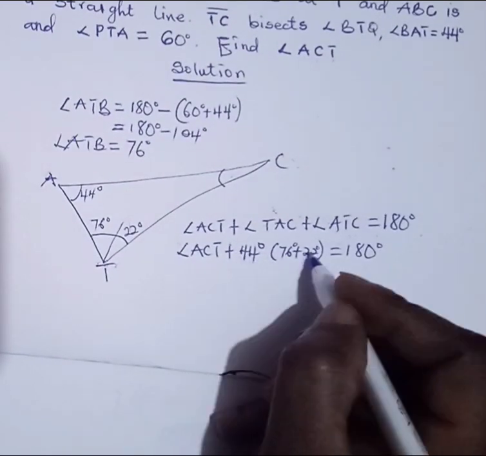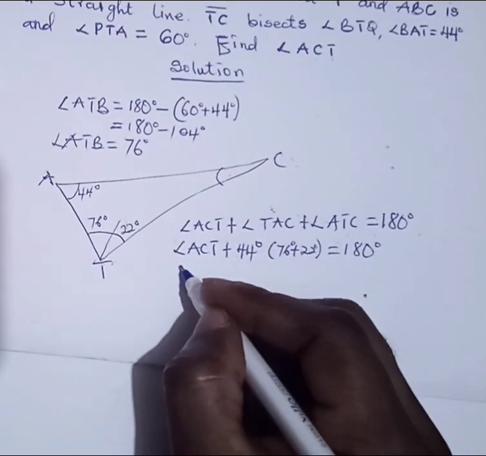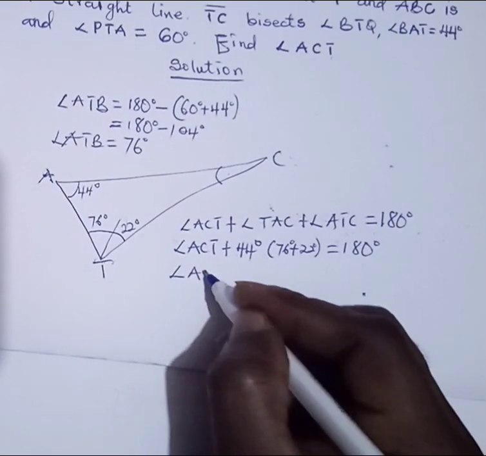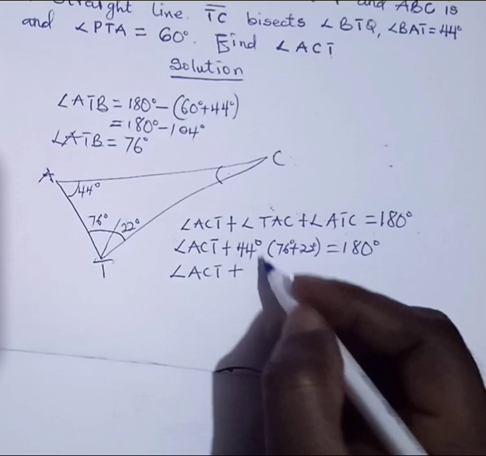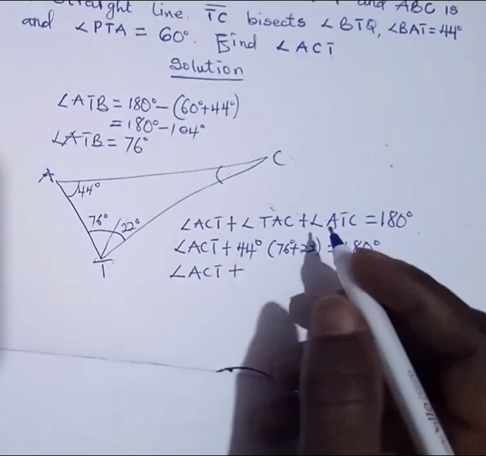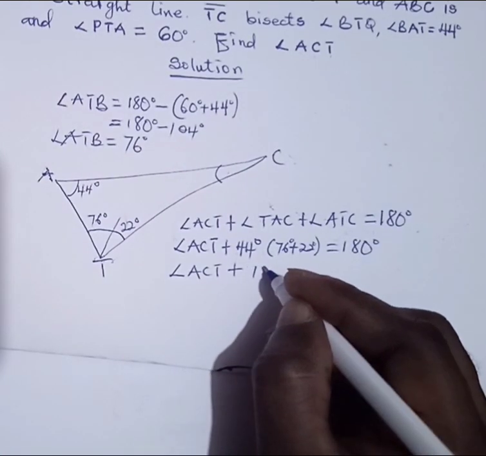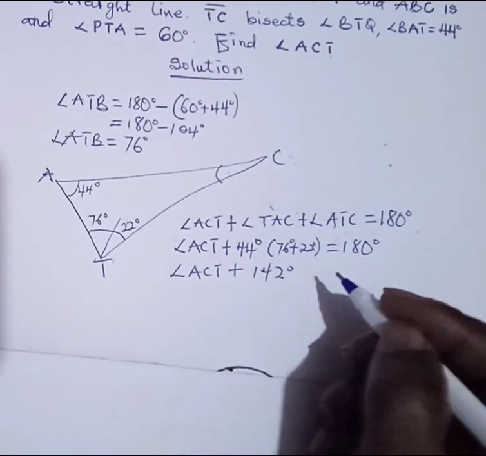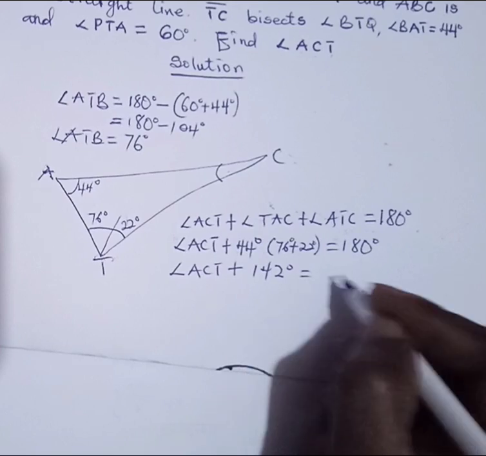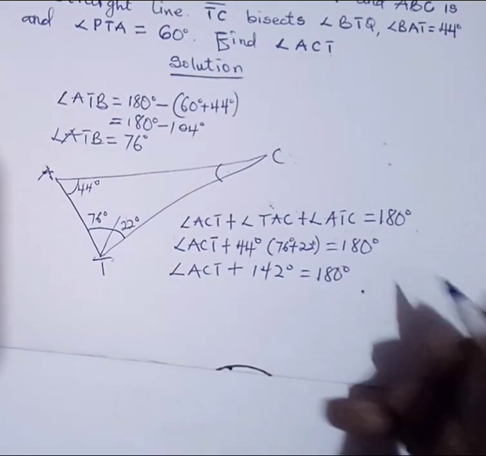So if we work things out, then we are getting here as angle ACT plus. So if we add all of this, we are getting what? 142 degrees, right? Which is equal to 180 degrees.